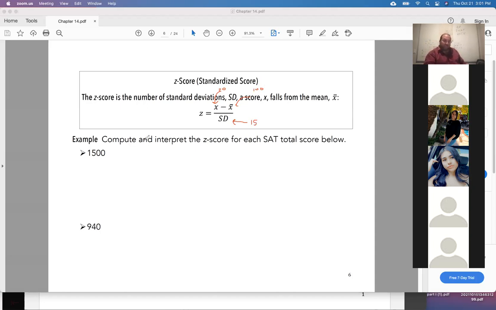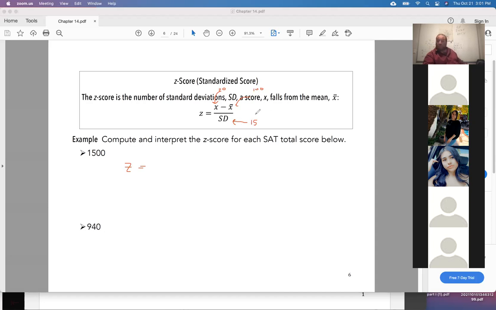So what's the z-score for 1500? This is back to the SAT example, by the way. How would I calculate the z-score for 1500? Would you do 1400 over 15? Well, remember, these numbers were not for the SAT.